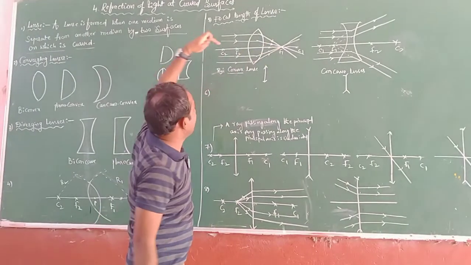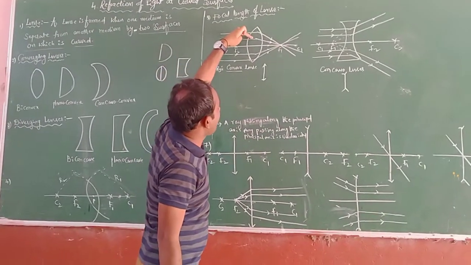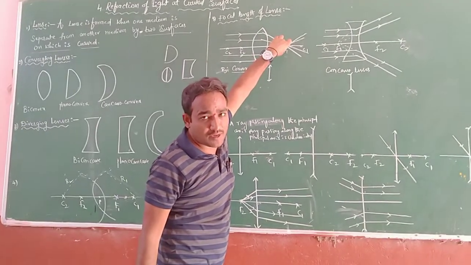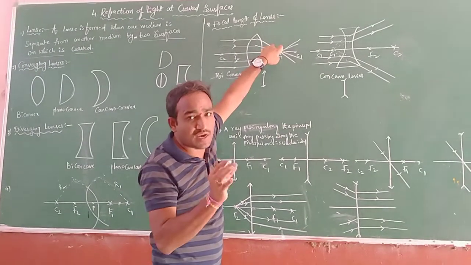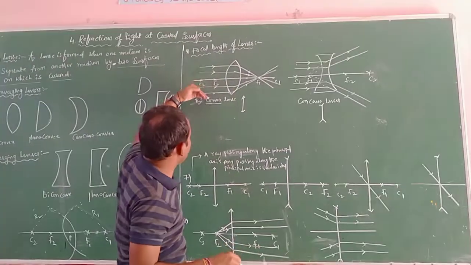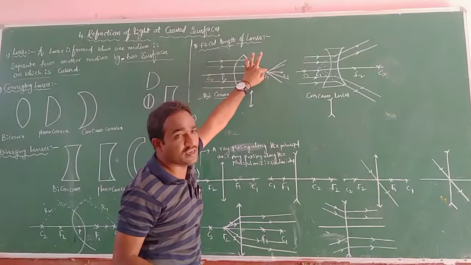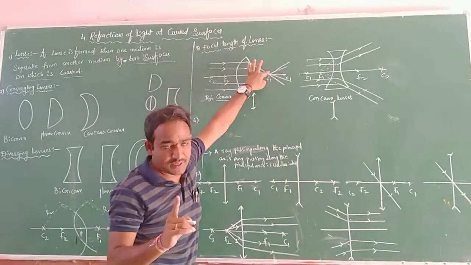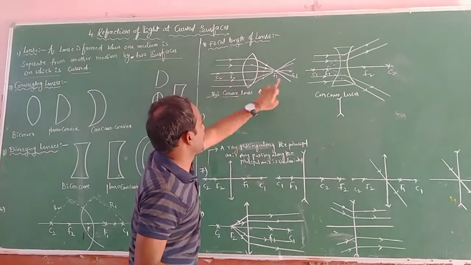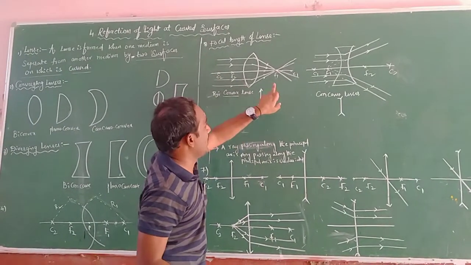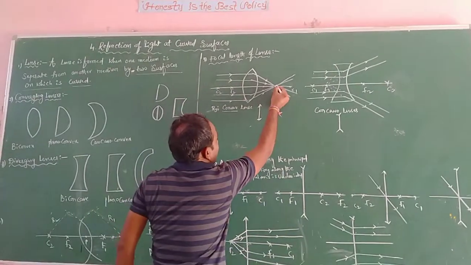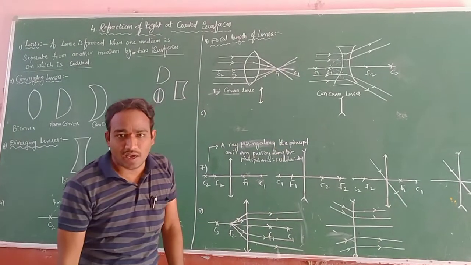It means it is converging at a point. The two rays below also, after the refraction, meet at a common point. Here we have two centers of curvature, C1 and C2, and two focal points, F1 and F2. So in this one, all rays converge at a point.